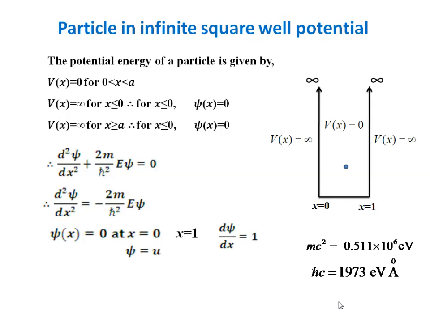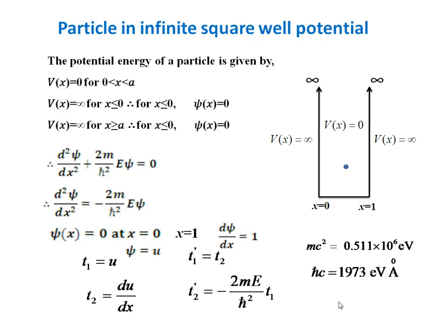To write in Scilab, I use the notation U for psi, then I use the symbols T1 and T2 for U and du by dx, which will lead to these two first order linear differential equations which we have to solve in Scilab.